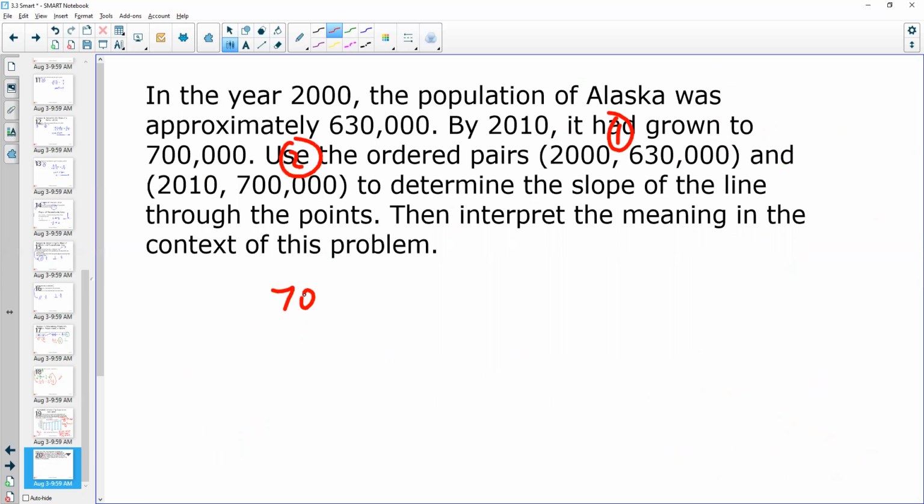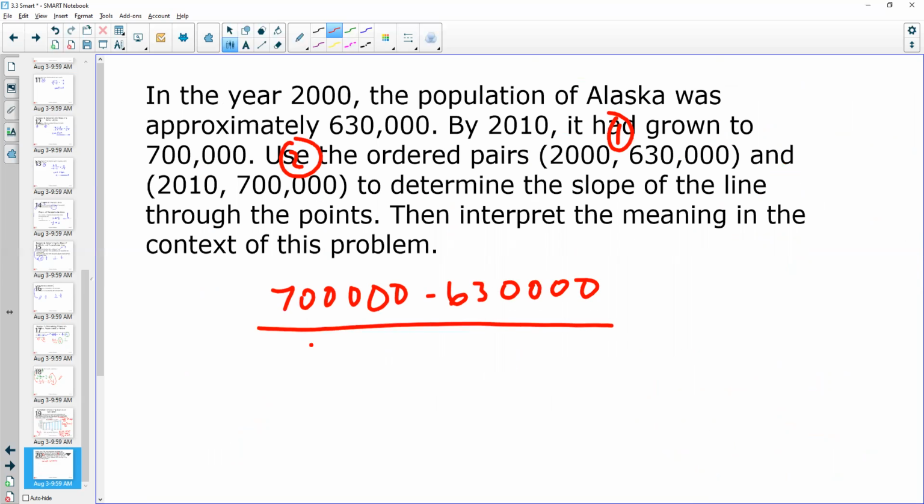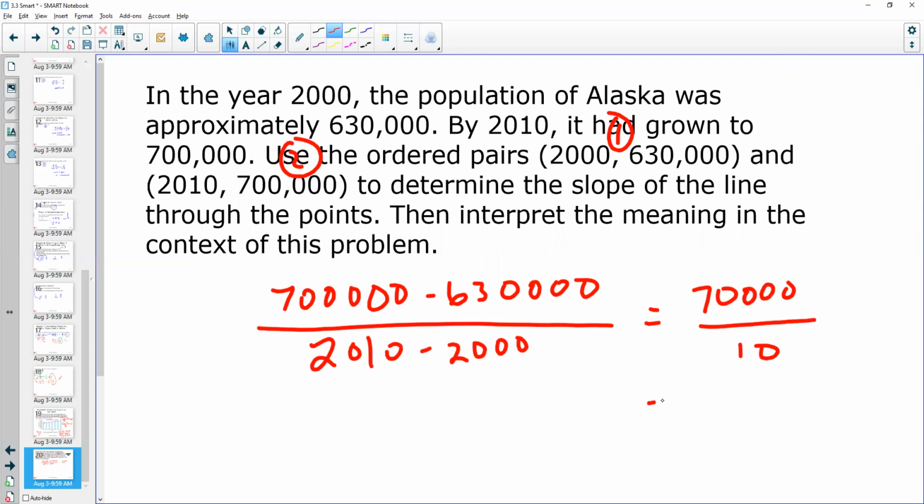So I'm going to do 700,000 minus 630,000 and 2010 minus 2000. I'm going to get 70,000 divided by 10, and that's going to be 7,000 over 1. So basically, the population increased by about 7,000 people per year.